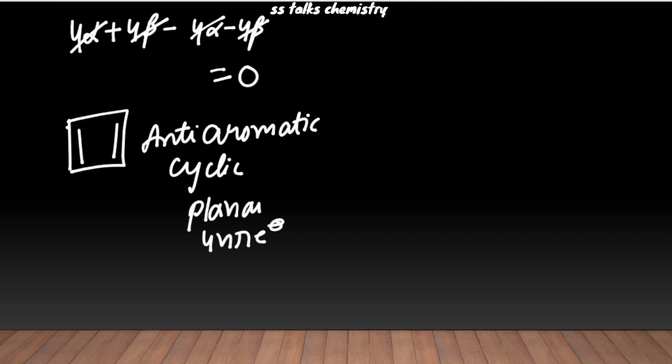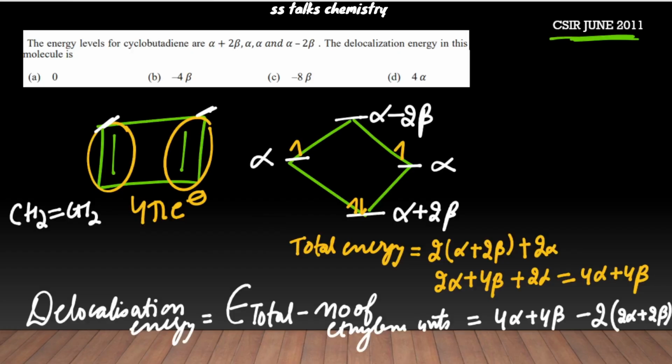Right, so cyclic, planar, conjugation is there and 4n pi electrons are there, so that makes it anti-aromatic, and anti-aromatic systems are unstable in nature because the delocalization energy is 0 only. So if you consider it directly this way, you will also get the same answer, and the proof for the delocalization energy is there in front of you. Okay, so that makes option A the right answer.